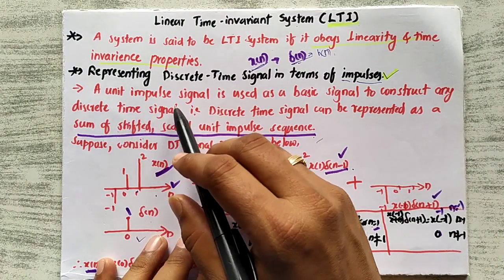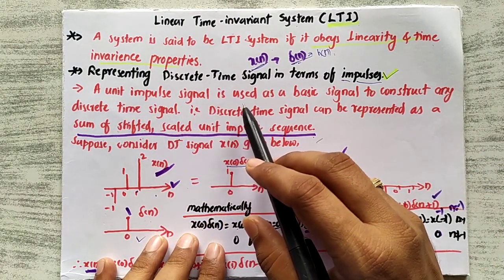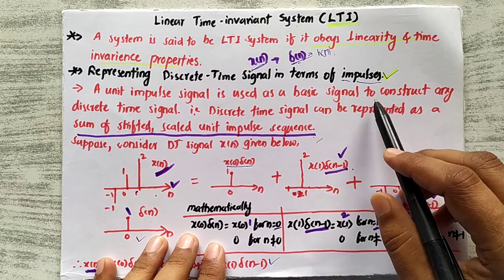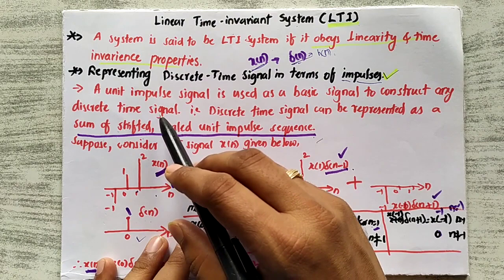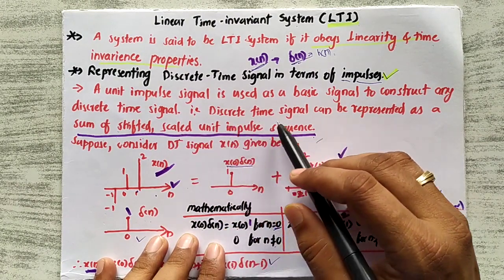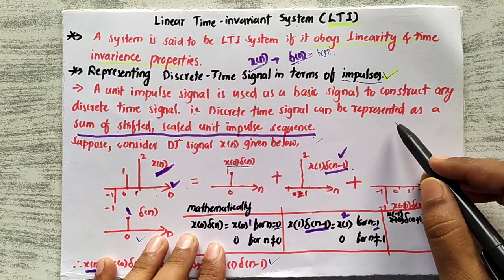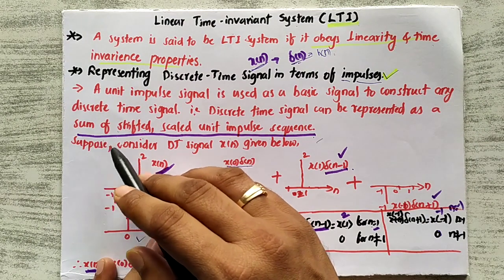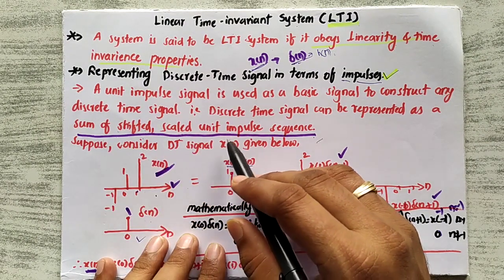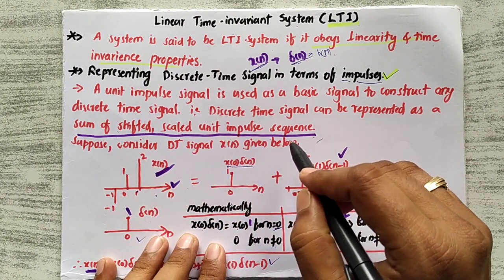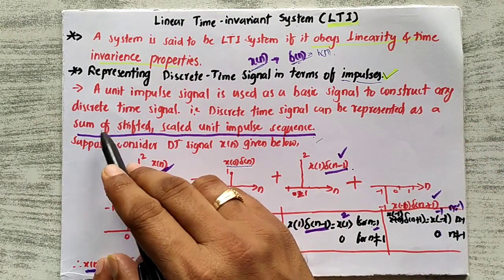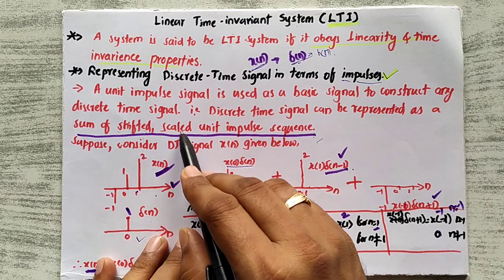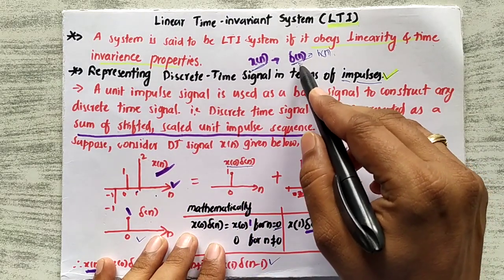A unit impulse signal is used as a basic signal to construct any discrete time signal. That is, any discrete time signal can be represented as a sum of shifted scaled unit impulse sequences.